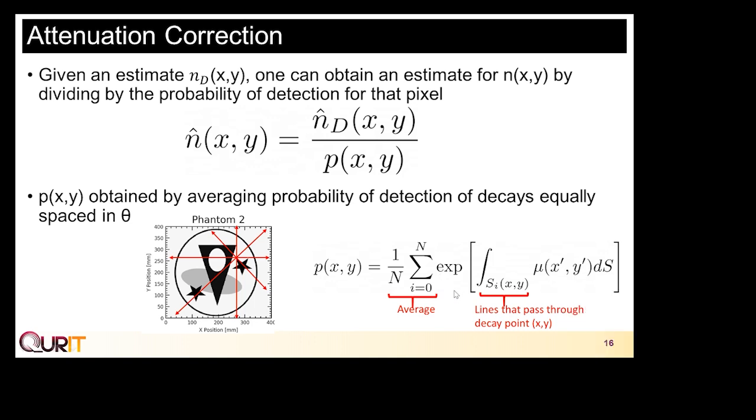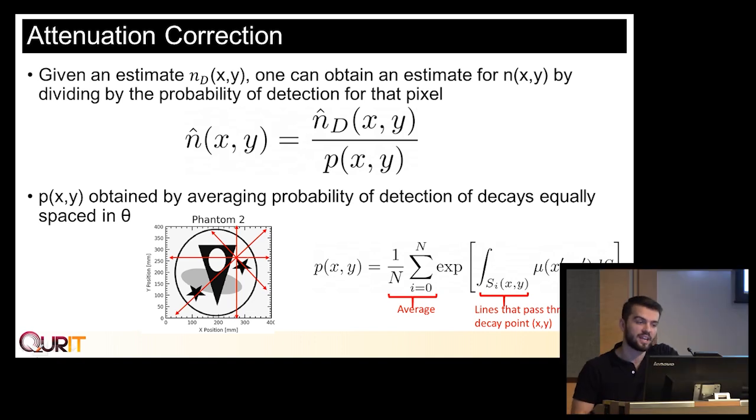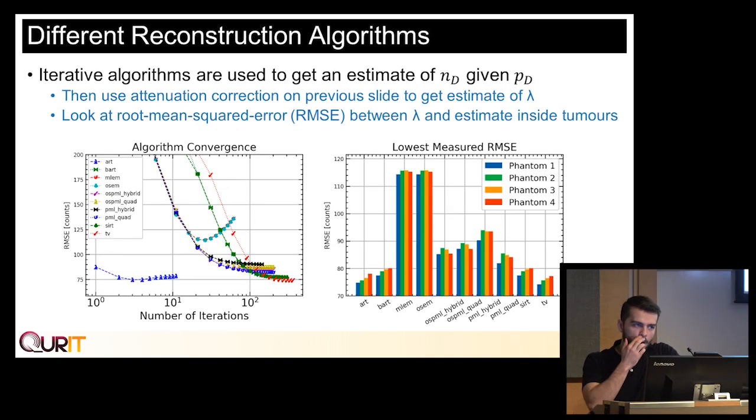I'm averaging over all these probabilities here, and si of xy represents one of these red lines. So I average over all possible decays that can happen at a certain point, and that's the probability that a decay at that point is detected. And then I can adjust to get n afterwards. So I use an algorithm, get the estimate for the number of detected decays, and then adjust using attenuation correction to get the true number of decays.